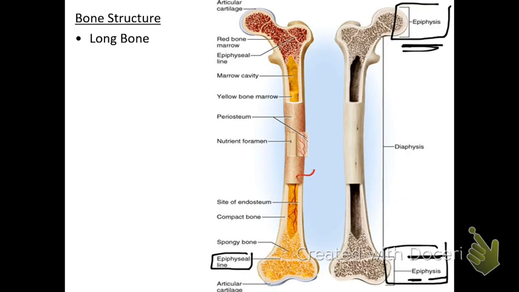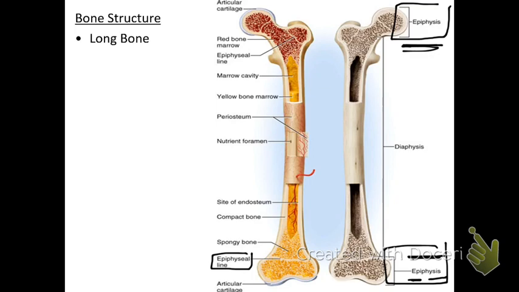These epiphyseal lines form in a sequence, so they start in girls younger than boys, and they continue in some bones into the late teen years. And so there's a sequence of the bones forming these epiphyseal lines.